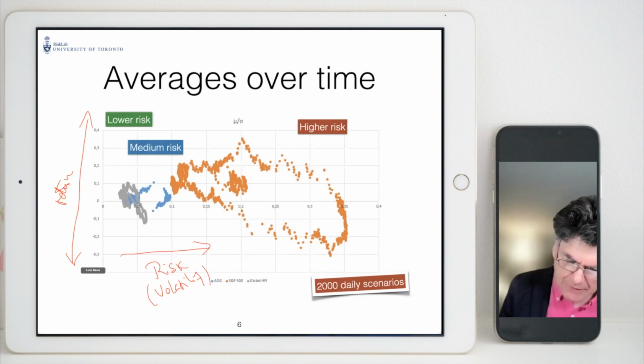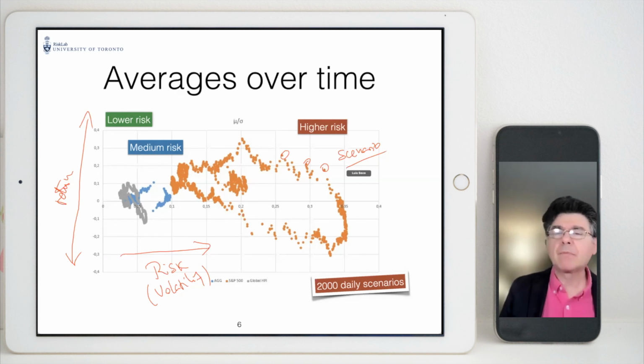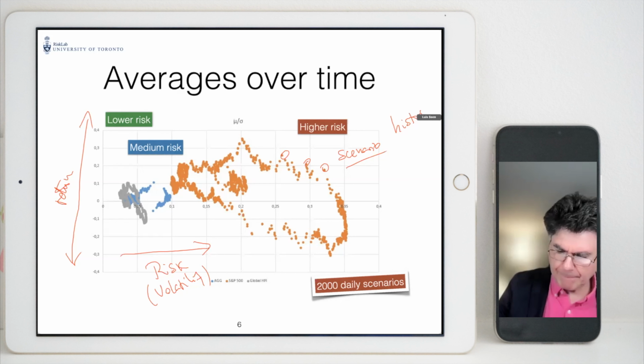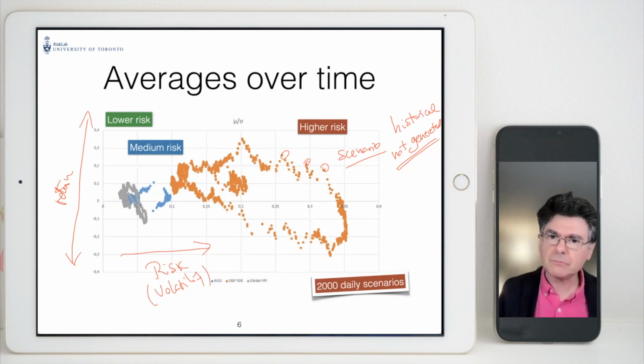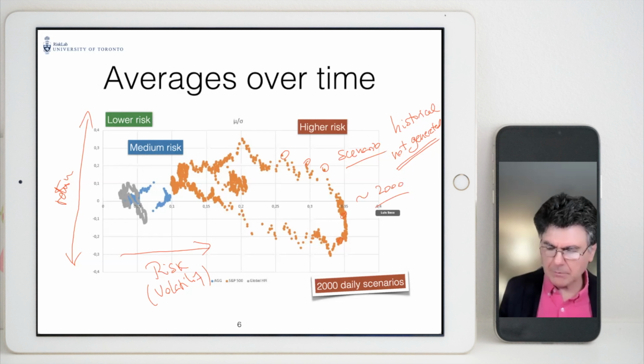And each of these is a scenario. These scenarios are also historical. They are not generated. Monte Carlo typically does the generation of these scenarios, and these are historical. How many of them do we have here? Maybe 2,000. But they are historical, not generated.